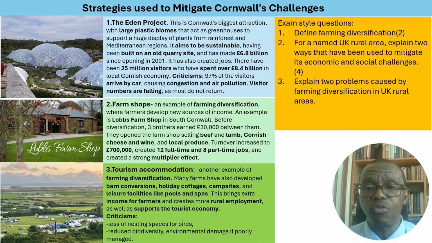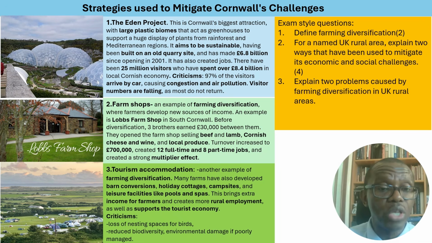Okay, so what kind of questions then can we talk about for this information here? So we have a definition for farming diversification. We've talked about that, so you should be able to define farming diversification. And then for a named UK rural area, explain 2 ways that have been used to mitigate its economic and social challenges.